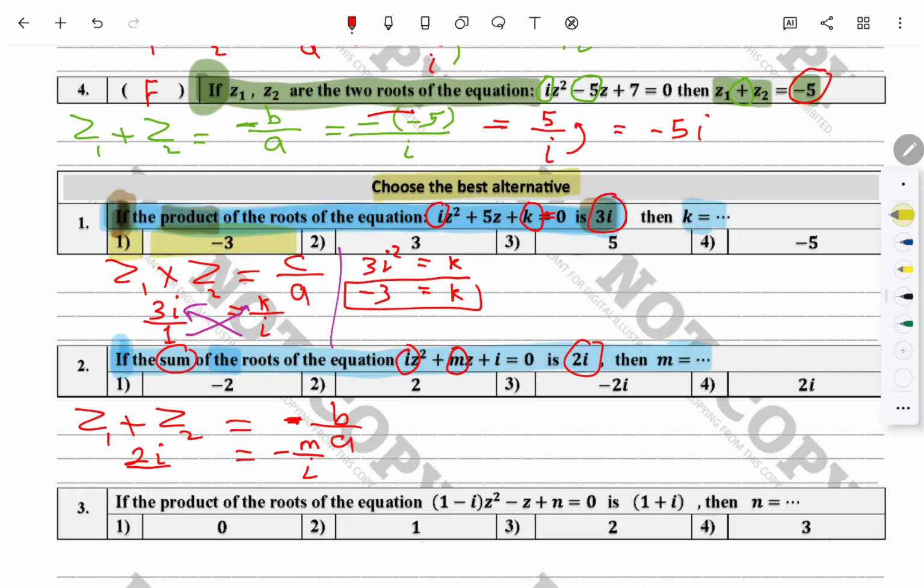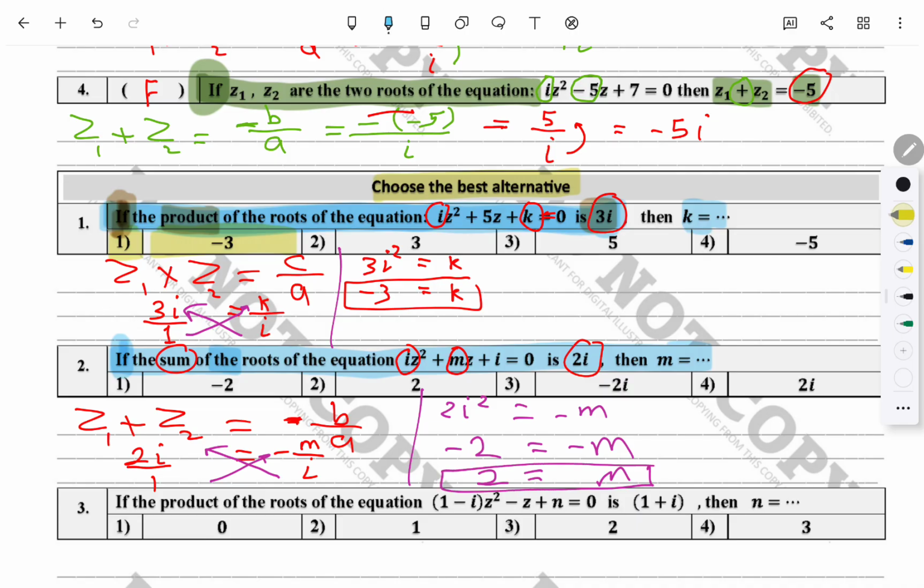Now make them over 1 to deal with a cross multiplication. i times 2i is going to be 2i squared equals negative m times 1, which is negative m. i squared is negative 1, so times 2, negative 2 equals negative m. Divide both sides or multiply both sides by negative. That will make m finally equal to 2. And this is your solution.